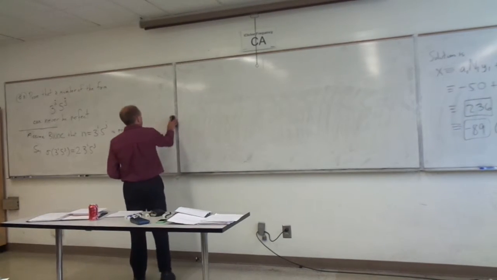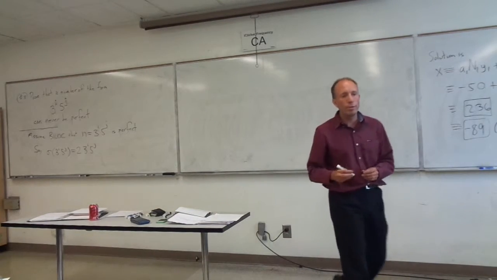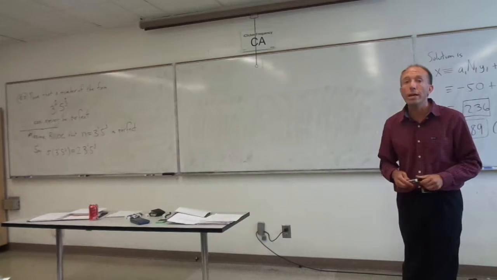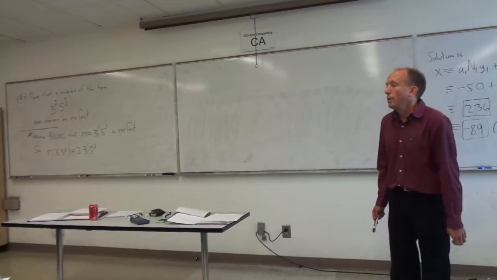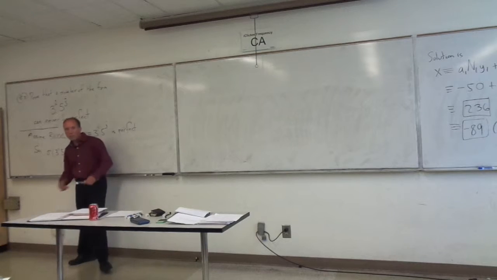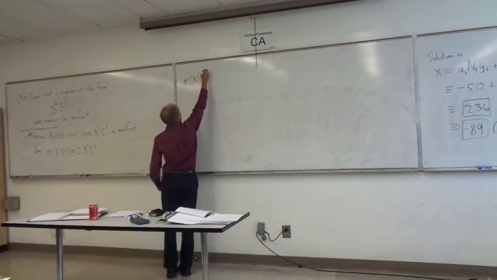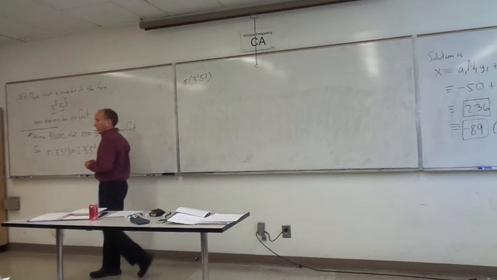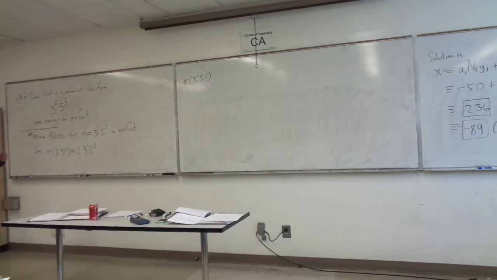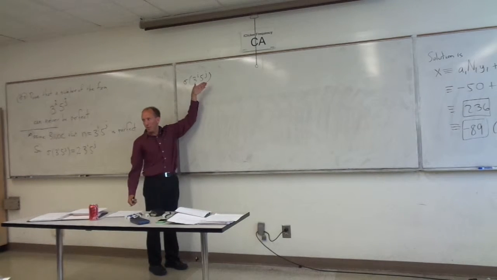Do you guys have a suggestion what we would do next? Yeah, compute sigma. We ought to be able to get an expression for the left side. So let's see if we can work on the left side for a second. Sigma of 3 to the i, 5 to the j. Bells should be kind of going off here. This is a couple of things multiplied together, so what can we do with sigma?